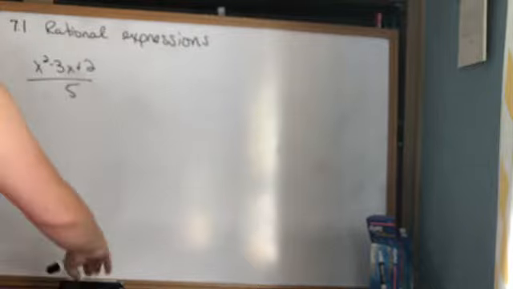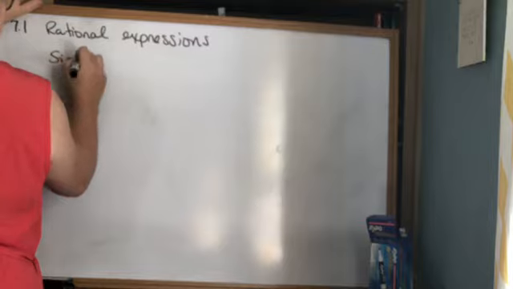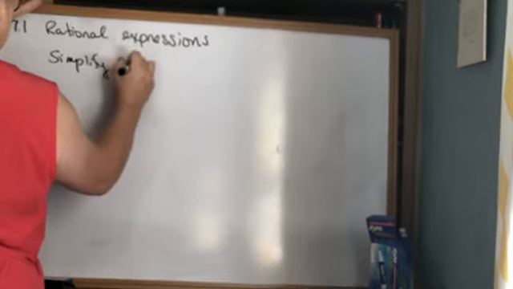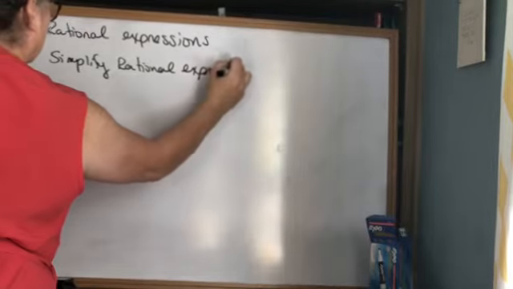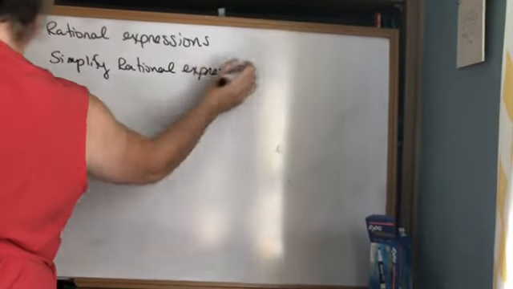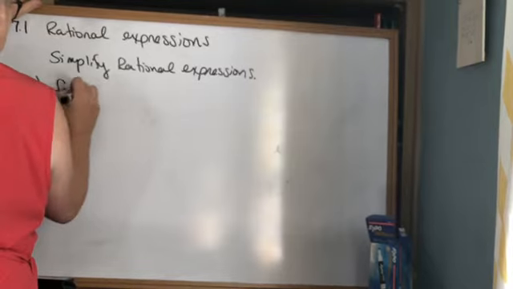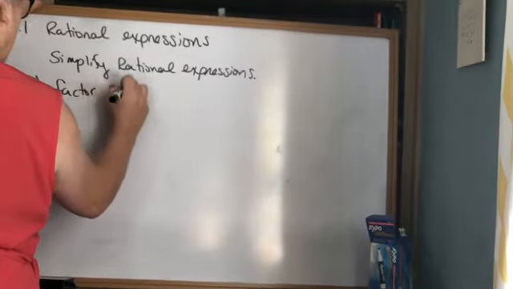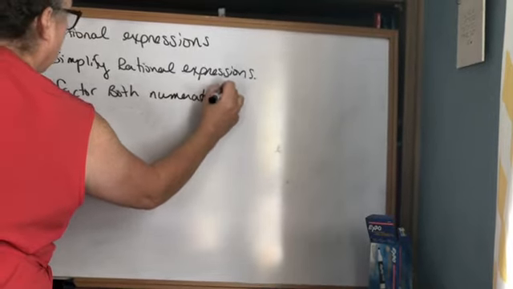Okay, so let's talk about simplifying rational expressions. The first thing we're going to do is factor both numerator and denominator.